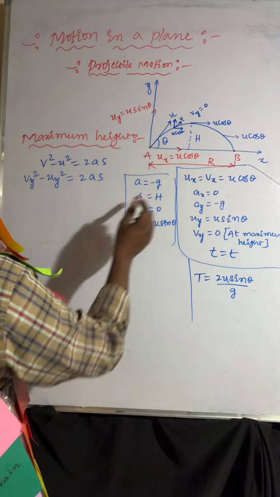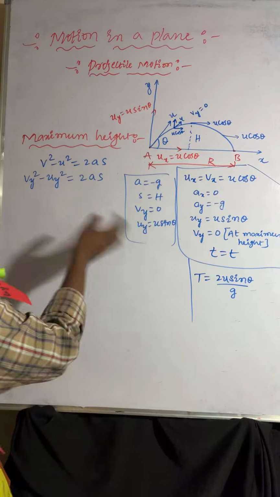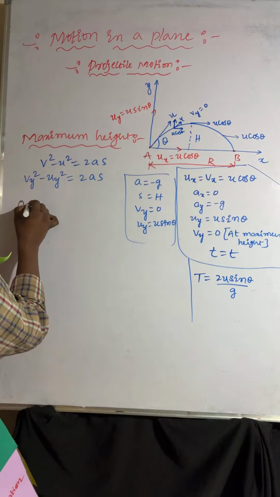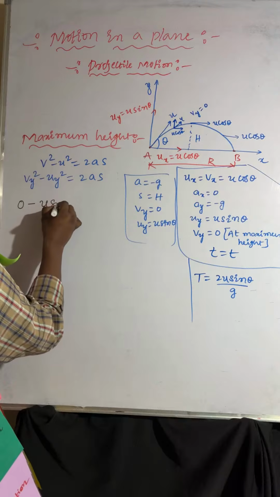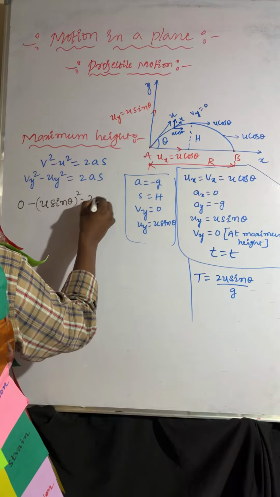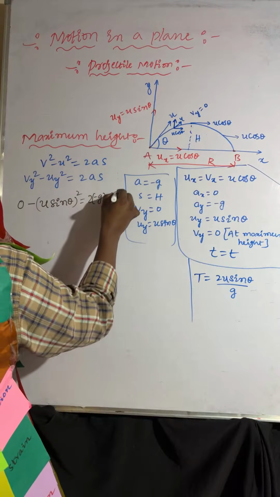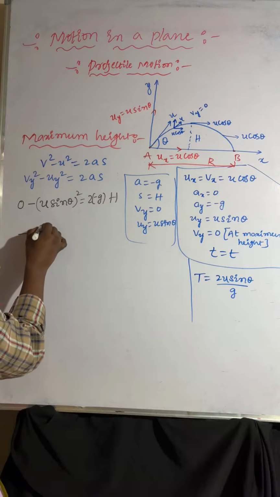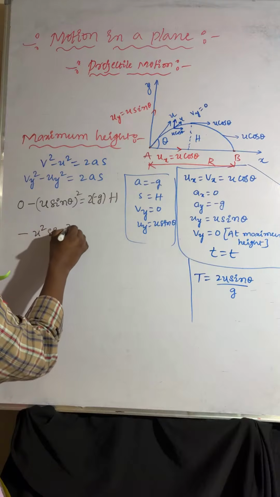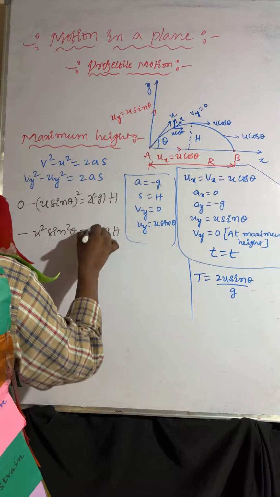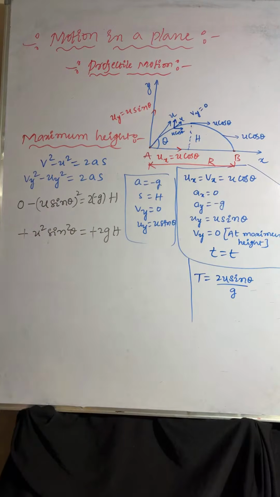Substituting the values, we get 0 minus u sin theta whole square equals 2 into minus g into capital H. So minus u square sin square theta equals minus 2gh. Both minus signs cancel, so it becomes plus.